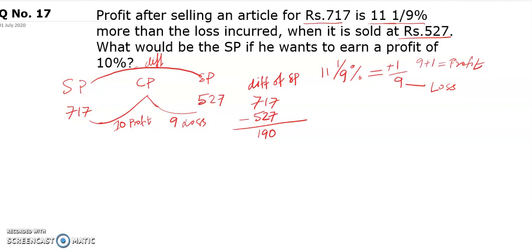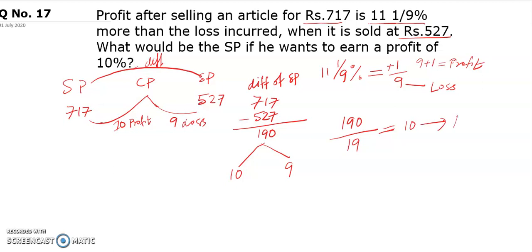Alright, now we need to divide this difference in the ratio of 10:9. So we will divide 190 by 10 plus 9, which is 19, to get the value of 1 unit.